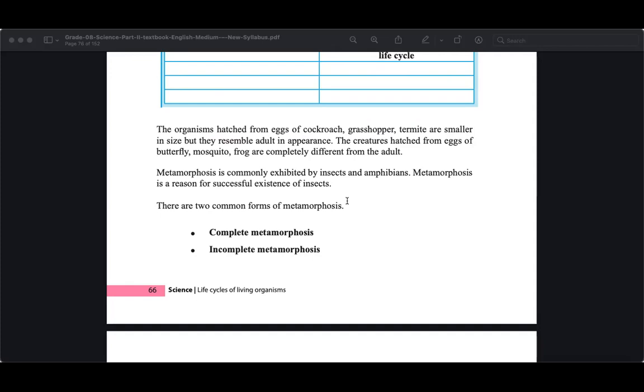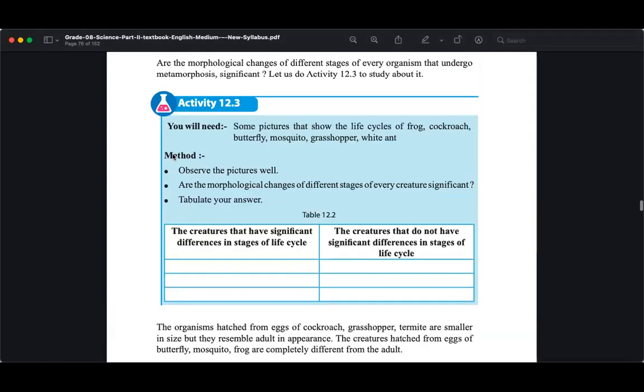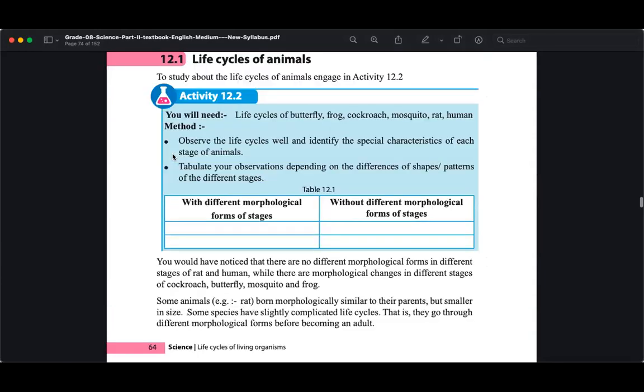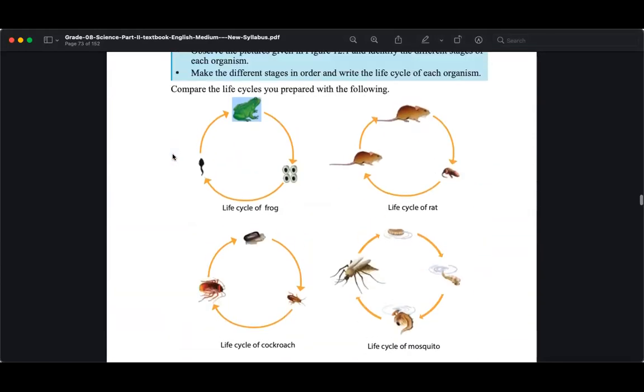But sometimes the one that hatches from the egg has some similarities to the adult. For example, you can see from here, who has similarity to the adult? This one is much similar to the adult, right?